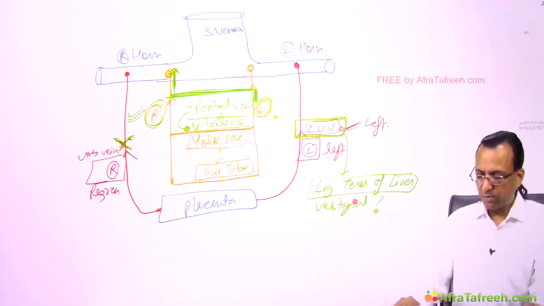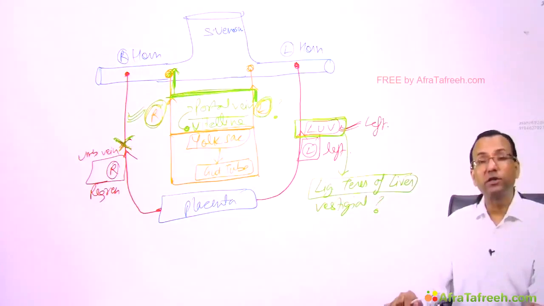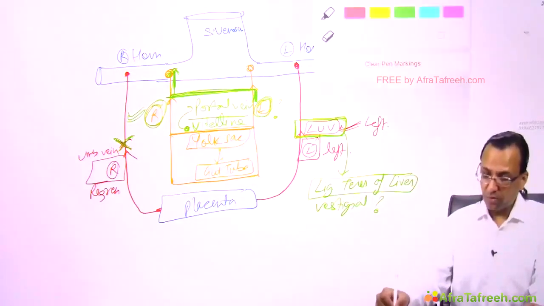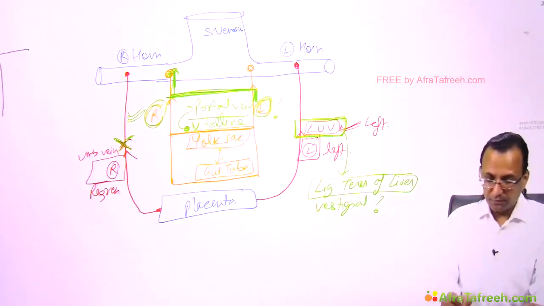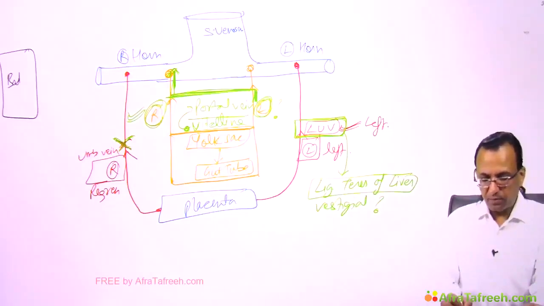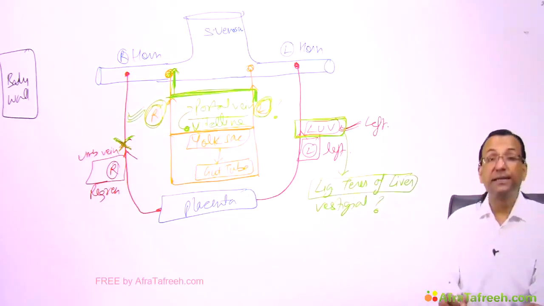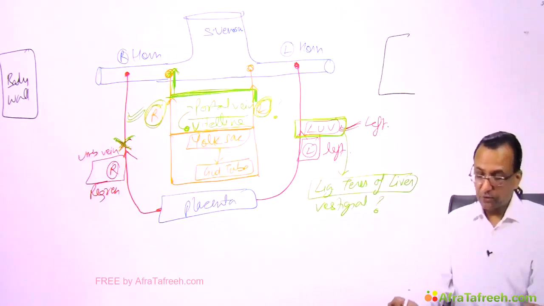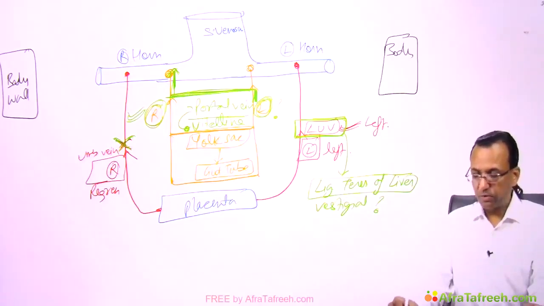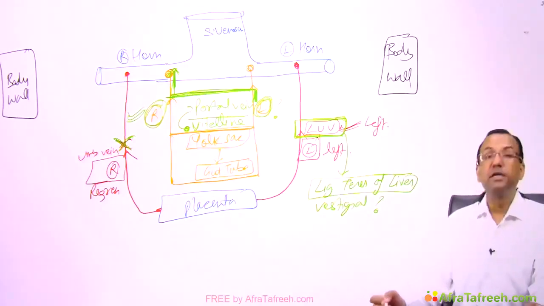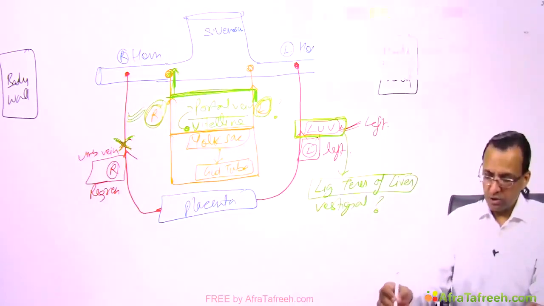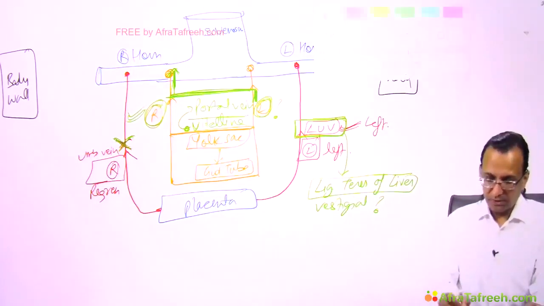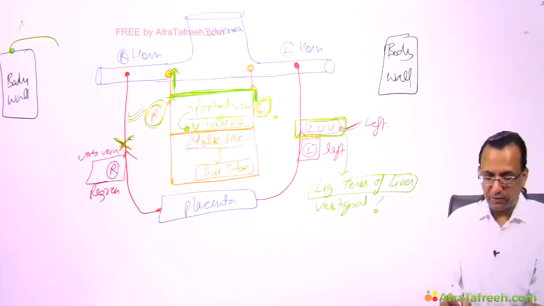Then what about the body wall? You did not discuss the body wall. Body wall. Okay, body wall. This is body wall. Now, if this is the body wall on the right side, left side? Yes, right side, left side. So this is the body wall on the right side, left side. What is it doing? It is draining. How? You remember there was this anterior cardinal vein draining the upper body?